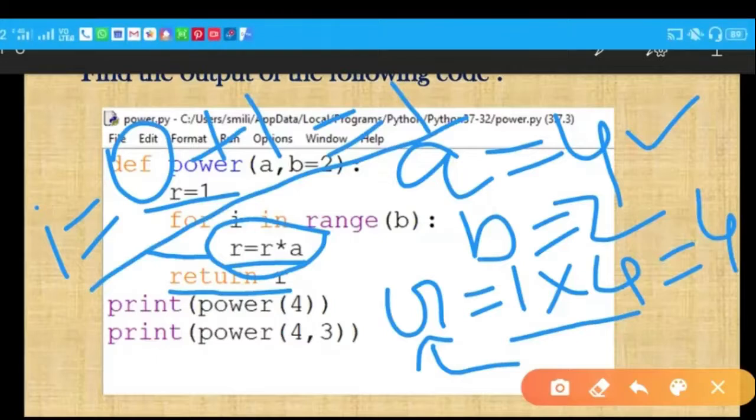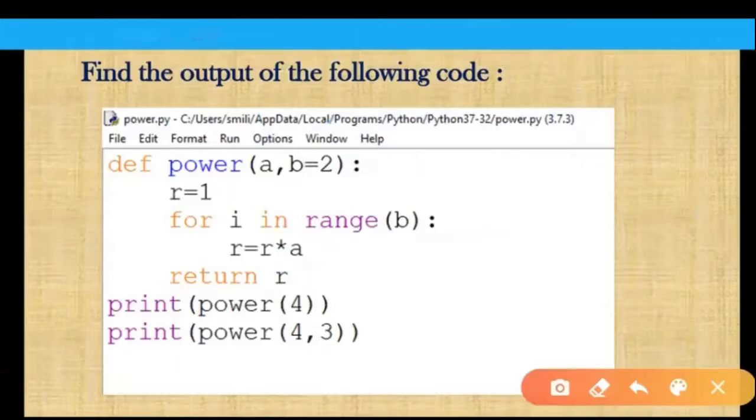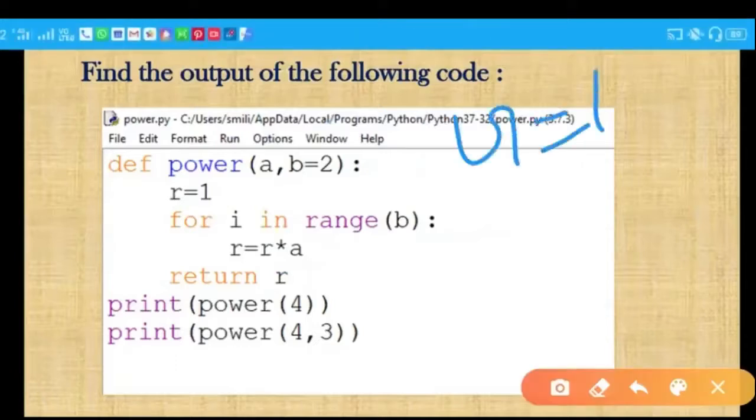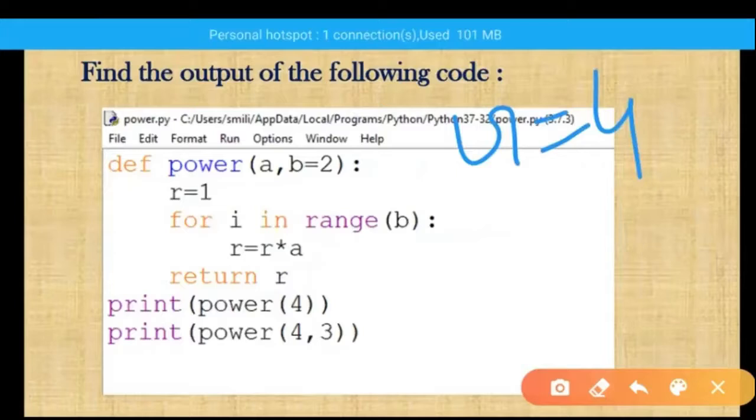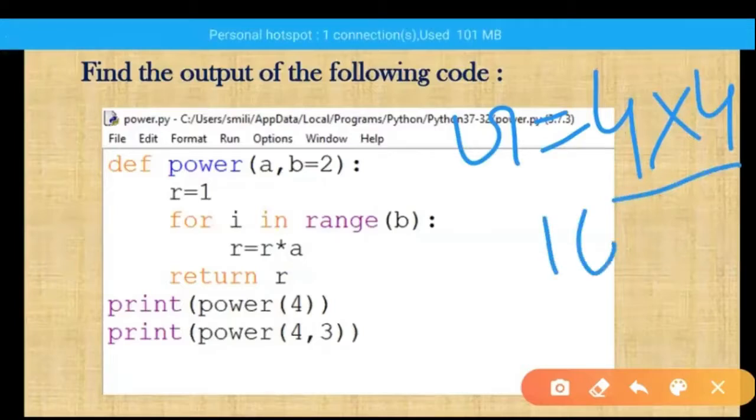Right now r has the value 4. Again it will be multiplied by the value of a, which was 4. So 4 into 4, that is 16. So r gets the value 16.